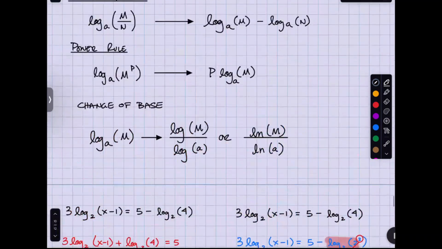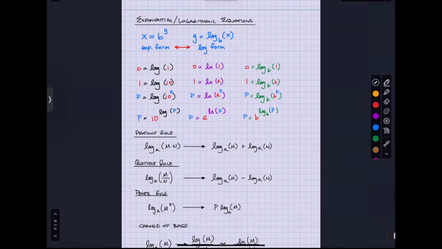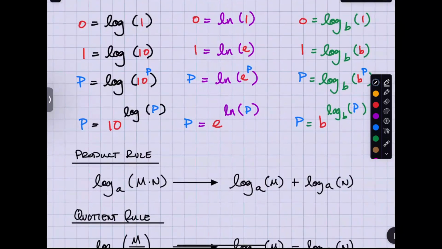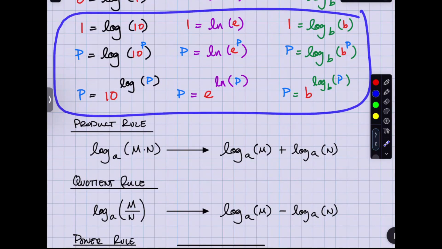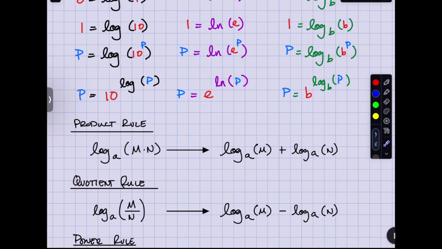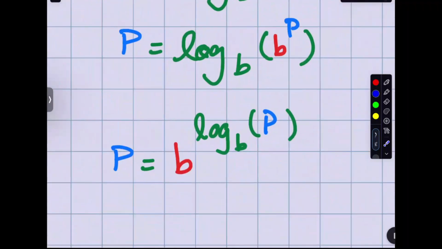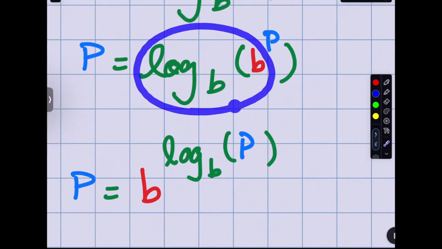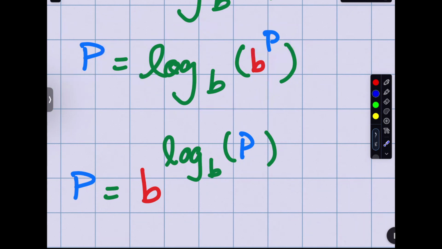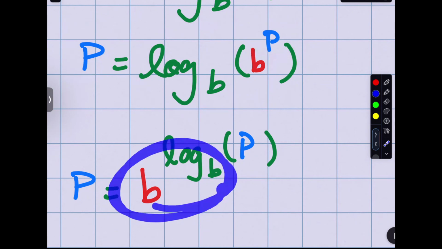See, I gave this sheet right here. Everything here is all about opposite operations. Let me zoom in. This one is saying that if the bases are the same, they cancel each other out.